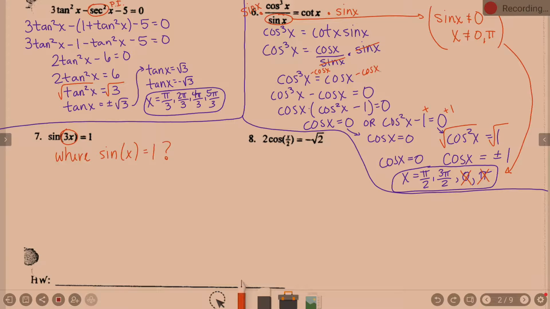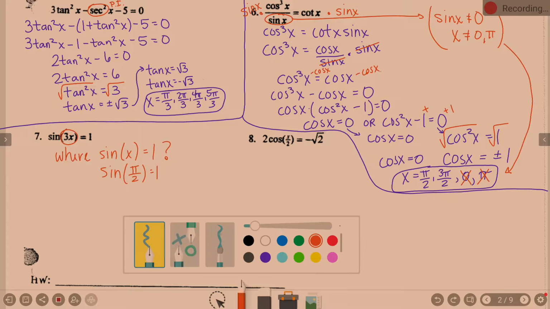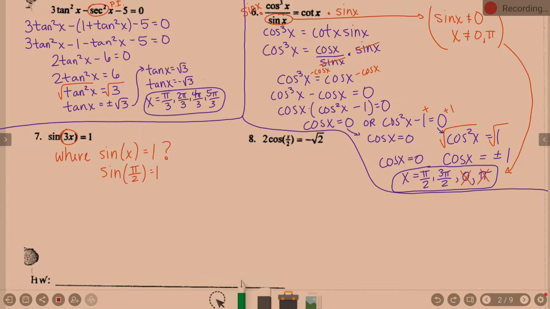Okay. Pi over 2? Anyplace else? No. So the thought process here is that sine of pi over 2 equals 1, yes? Our question is, when does sine of 3x equal 1? And what do we know? Sine of pi over 2 equals 1.